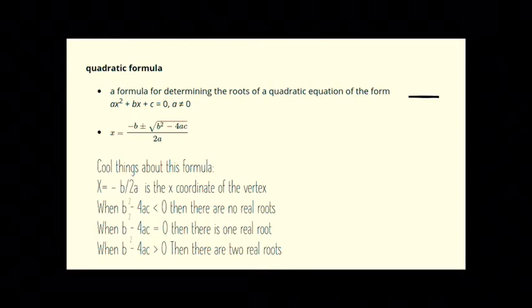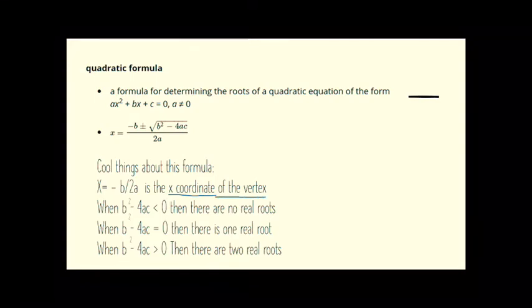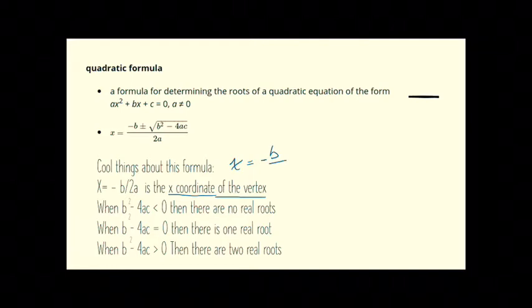Cool things about this. We can find the x of the vertex. So our x coordinate of the vertex is x equals negative b over 2a. Again, our a and our b are what we're talking about up here. This is a new way.